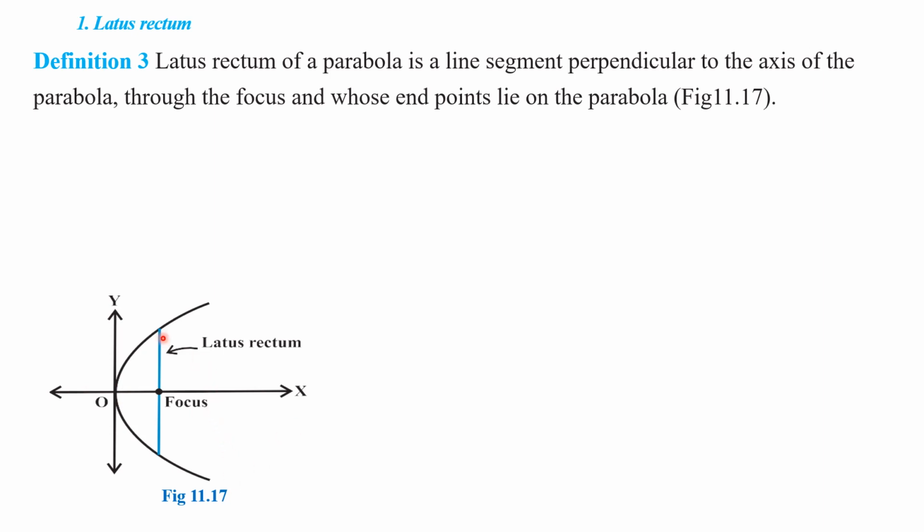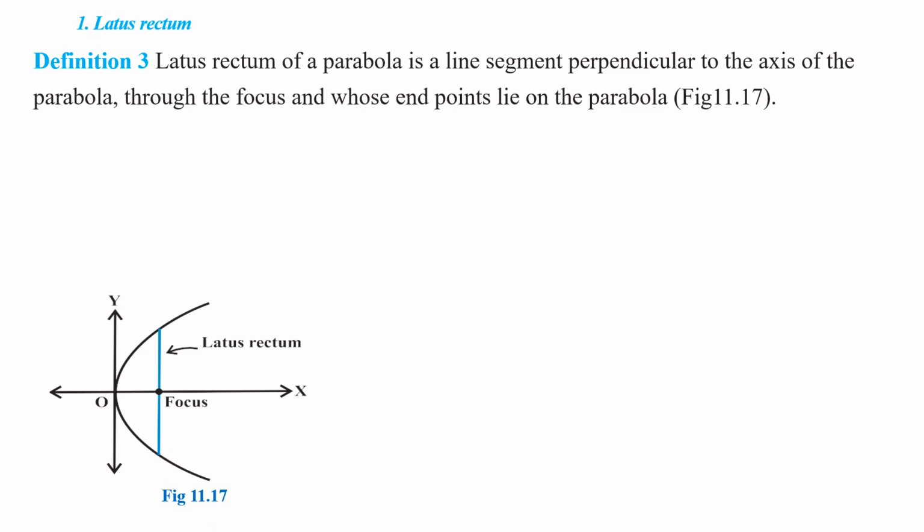Here, this is the line segment which is perpendicular to the axis of the parabola and passing through the focus, and the endpoints of this line segment lie on the parabola. What is meant by latus rectum? It is a line segment which is perpendicular to the axis of the parabola and passes through the focus of the parabola, and the endpoints of the line segment should lie on the parabola.